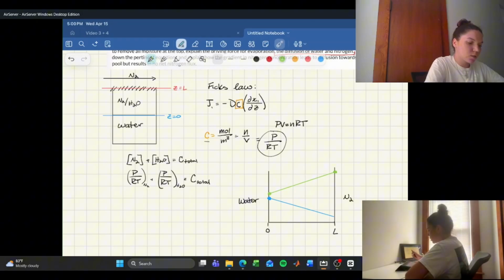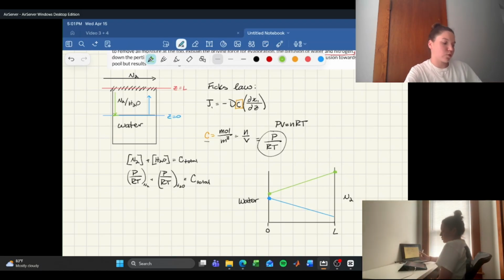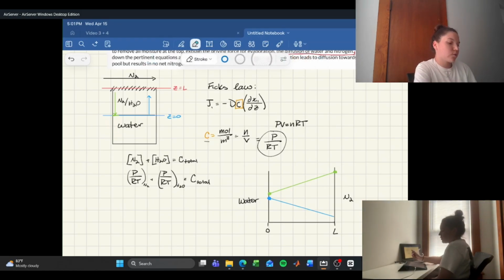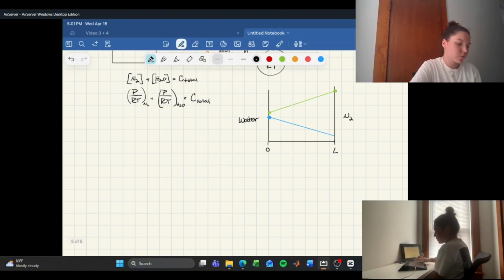So as the water is diffusing up, nitrogen is diffusing in the opposite direction, diffusing down. But it does run into the water at some point, and it can't diffuse past that. So we have to look at flux in this case as well.